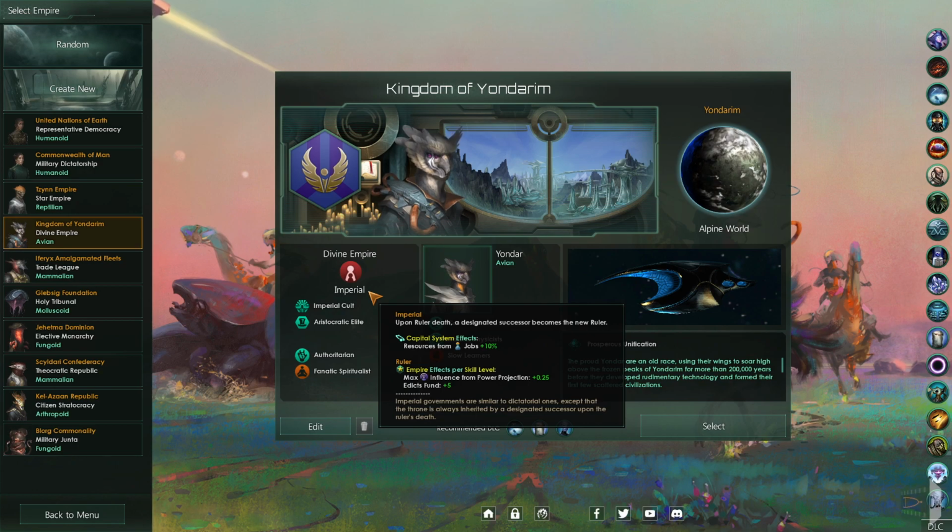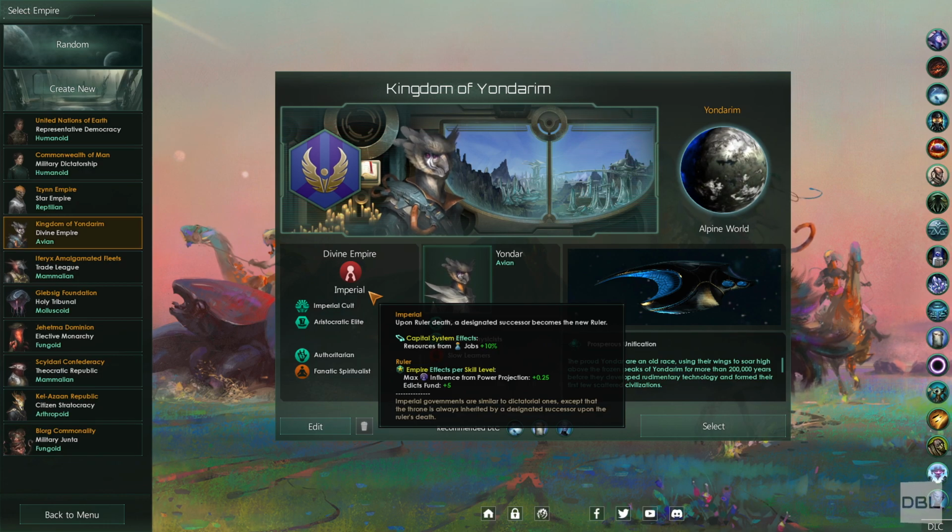Capital system effects, resources from jobs plus 10%. Yeah. Perhapsically. Ruler, empire effects per skill level max. There's a lot of words. I have no idea what any of this means. I think I listened to all of the music. I hope there's more. Oh, there is. Good.